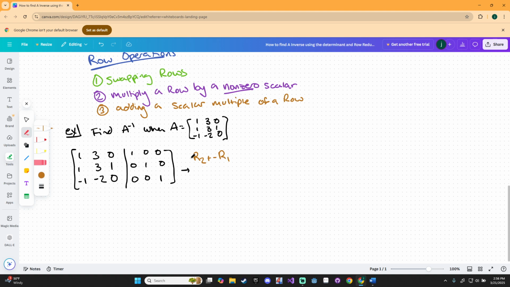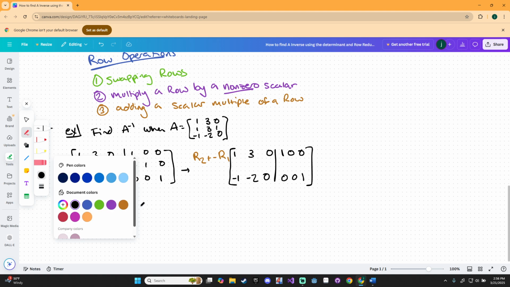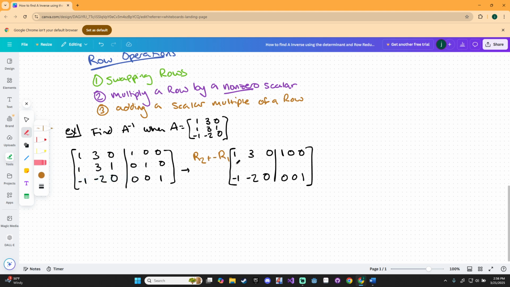The way that I always think about this is the first one that you write is the row that is affected, and the second is the scalar of that row. So we know that R1 is going to stay the same, and R3 is going to stay the same. So we'll go on to R2.